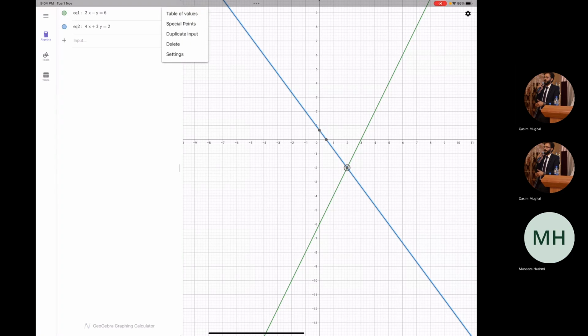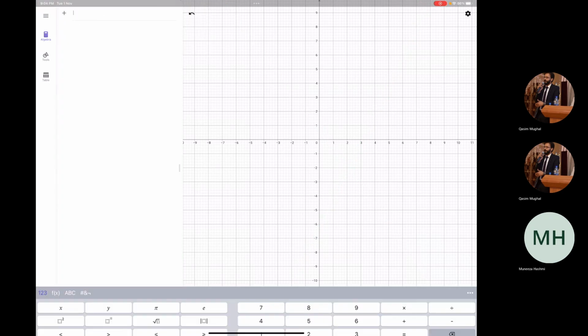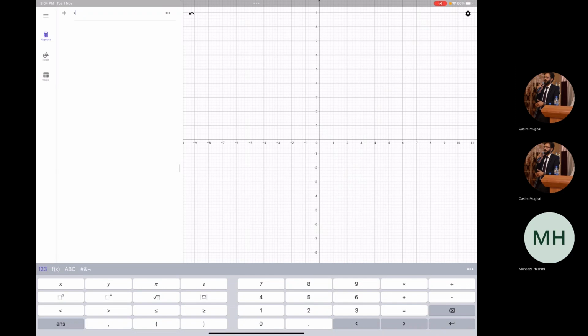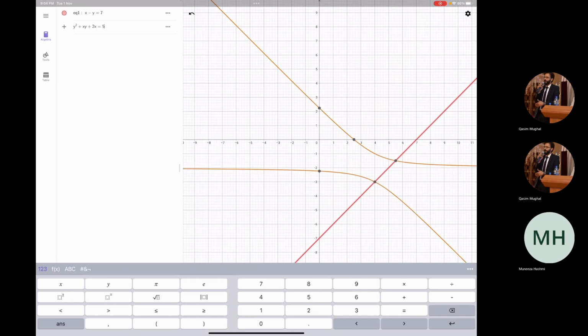So I'm going to erase this. So one of the equations was x minus y equals 7. All right, and the other equation was y squared plus xy plus 2x equals 5.